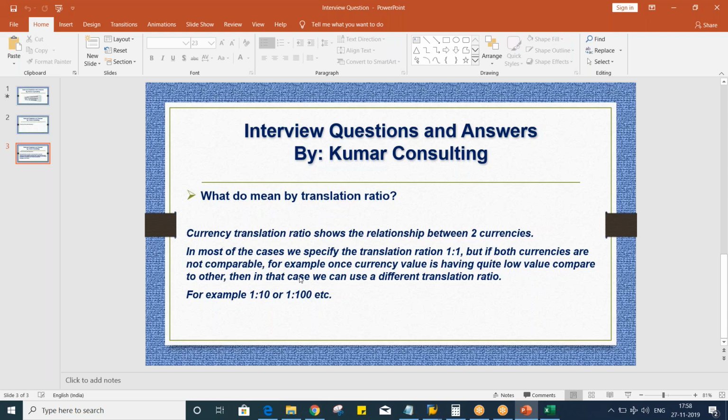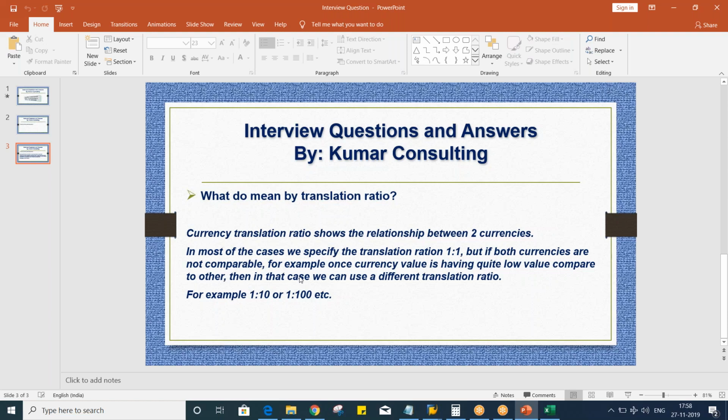It could be 1 is to 10, it could be 1 is to 100, and then you have to quote the example. Or instead of saying all this, simply quote the example itself: if the currency prices are quite low, say for this currency pair, and if this is the price and you maintain that rate in SAP, SAP is not going to accept it, because the value is quite large, right?